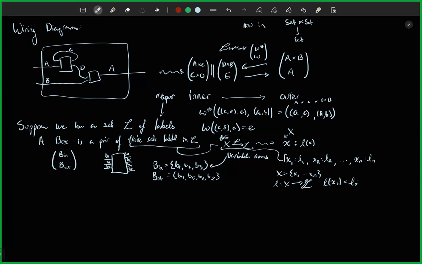So I can define this as a single object, and here we'll call it a context. That's what it would be called in type theory, a context.